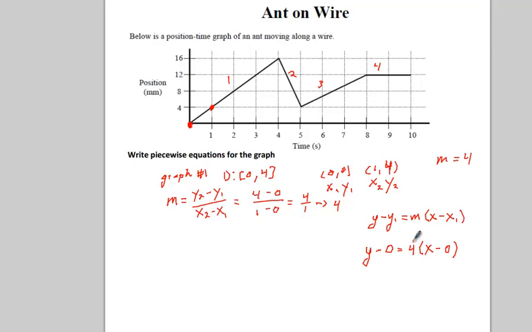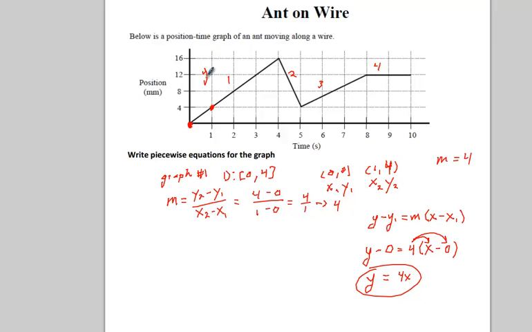Then the process is simply to distribute. You get y, because y minus 0 is just y, equals 4x minus 0, and then the minus 0 also drops off because adding or subtracting 0 just gives you itself. So the first equation is y equals 4x with a domain from 0 to 4.